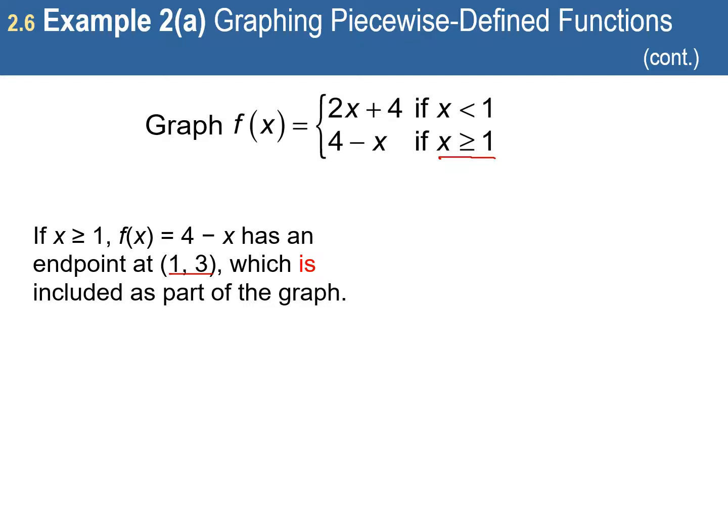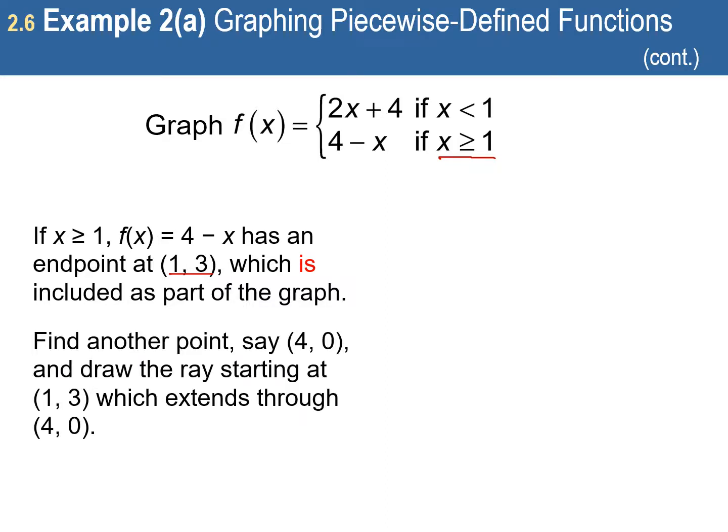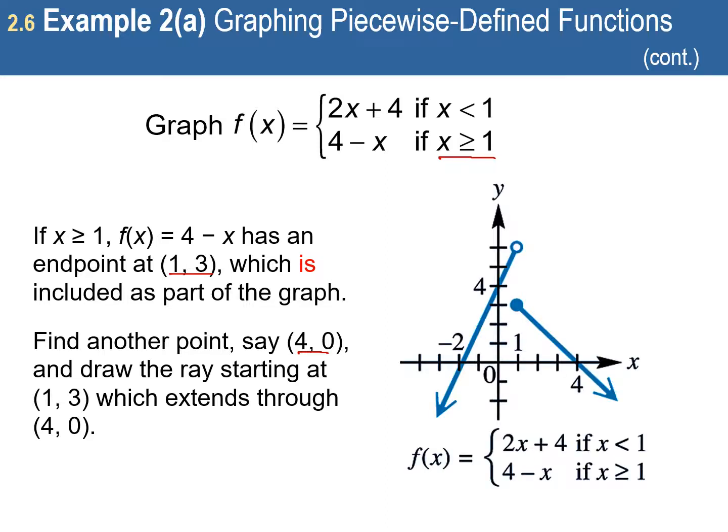Now we want to pick another point. You can pick any point you want, but let's substitute in x equal 4. When x is 4, y is 0. And so we'll have a ray that starts at (1, 3), goes through (4, 0), and extends.